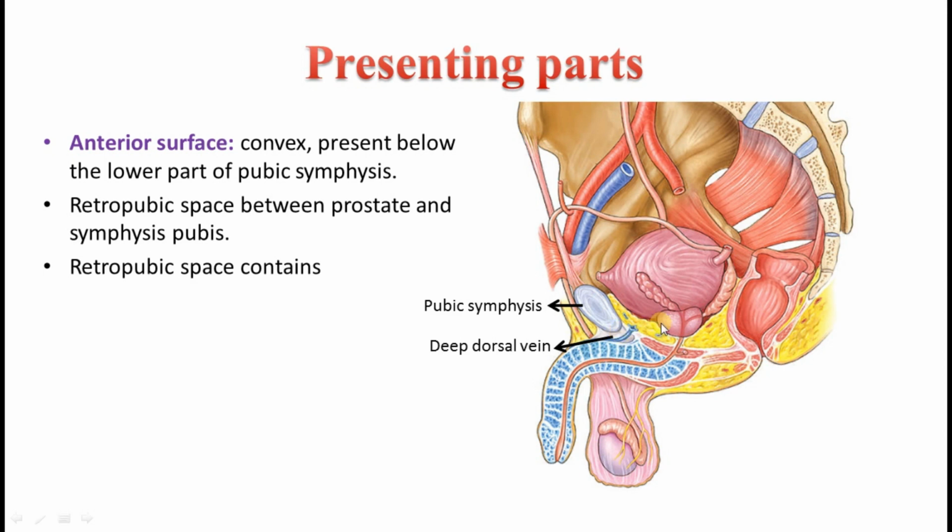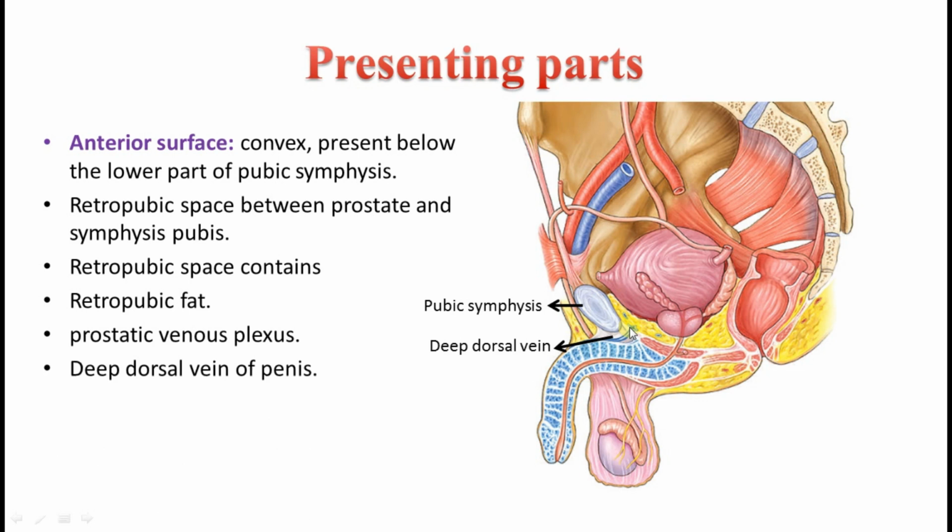So that is about the anterior surface. The urethra pierces this surface in front of the apex, which I have already mentioned in the last slide.